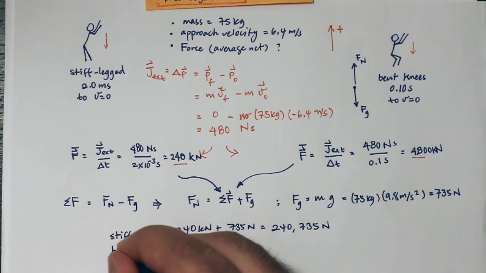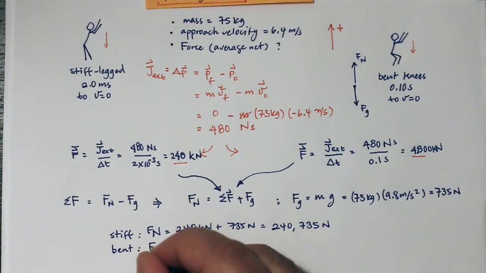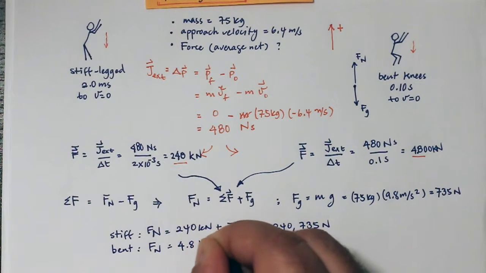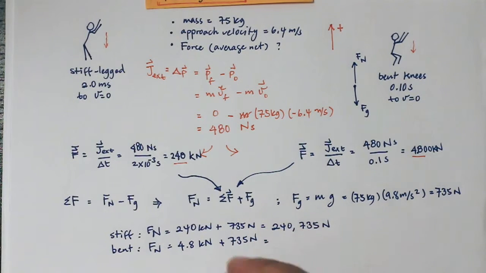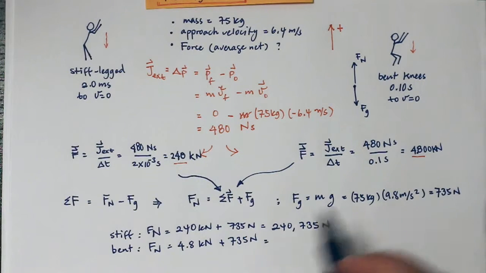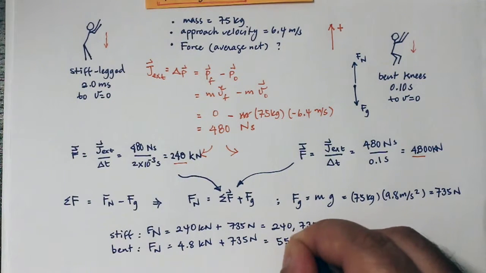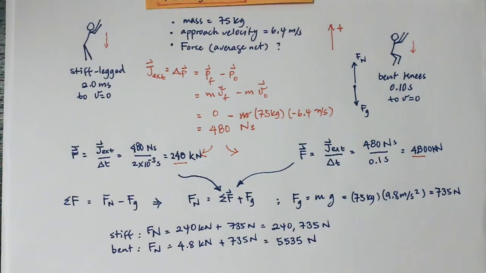And in the case of the bent knees, the normal force is going to be equal to 4.8 kilonewtons plus 735 newtons. So I know that the 7 is going to be added to the 8 right here because that's 4,800. So 800 plus 700, that's 1,500. So that's 5,535 newtons. And that's that.